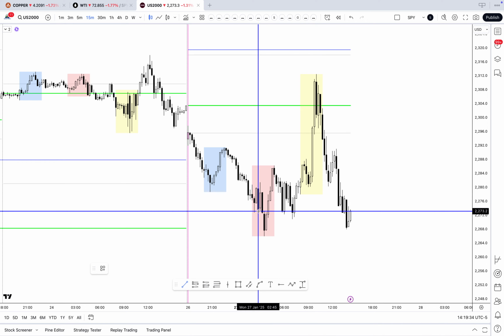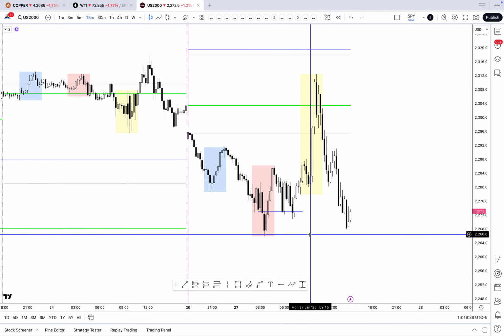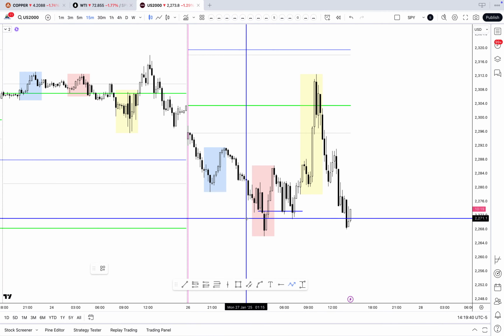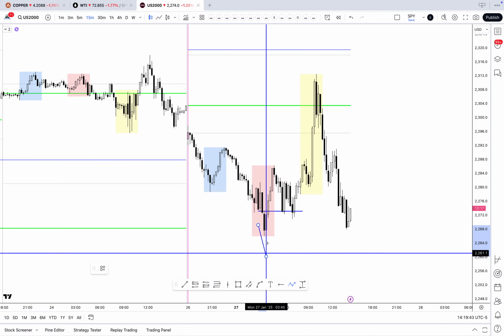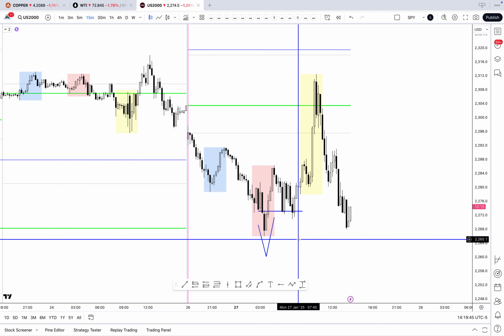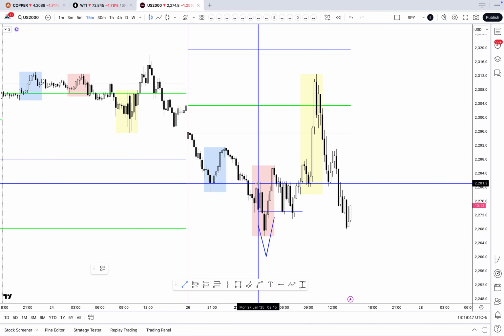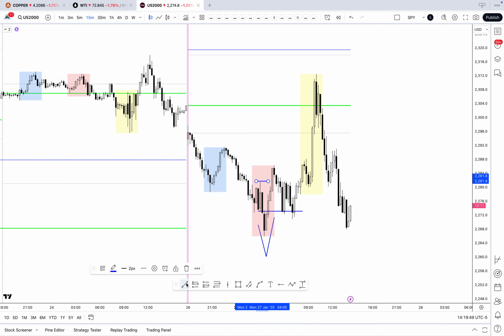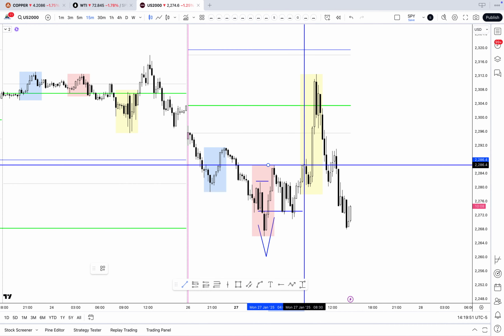They put in the peak formation low in the London session. Low bear engulfment, higher highs on the inside, which is a dump and pump template.